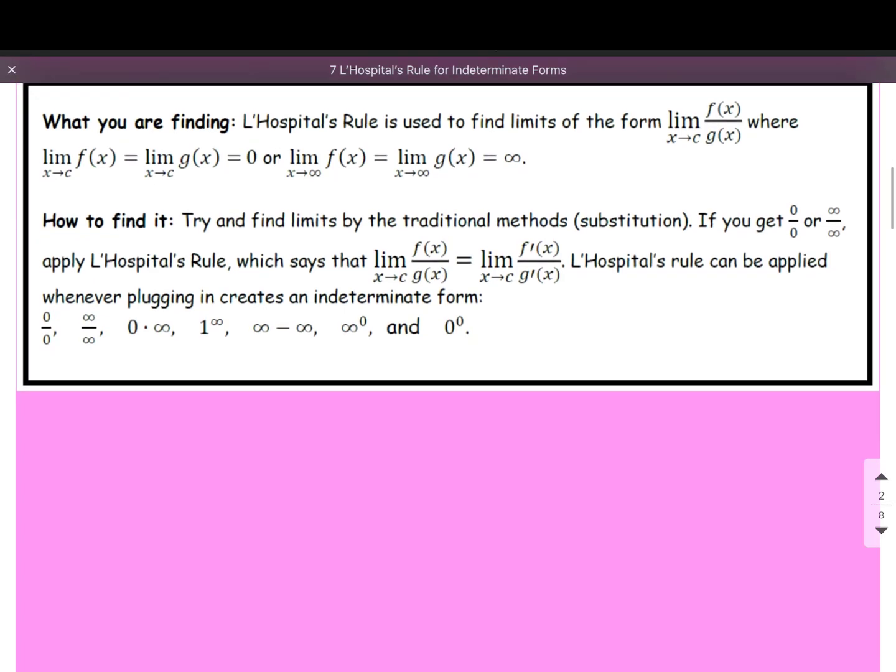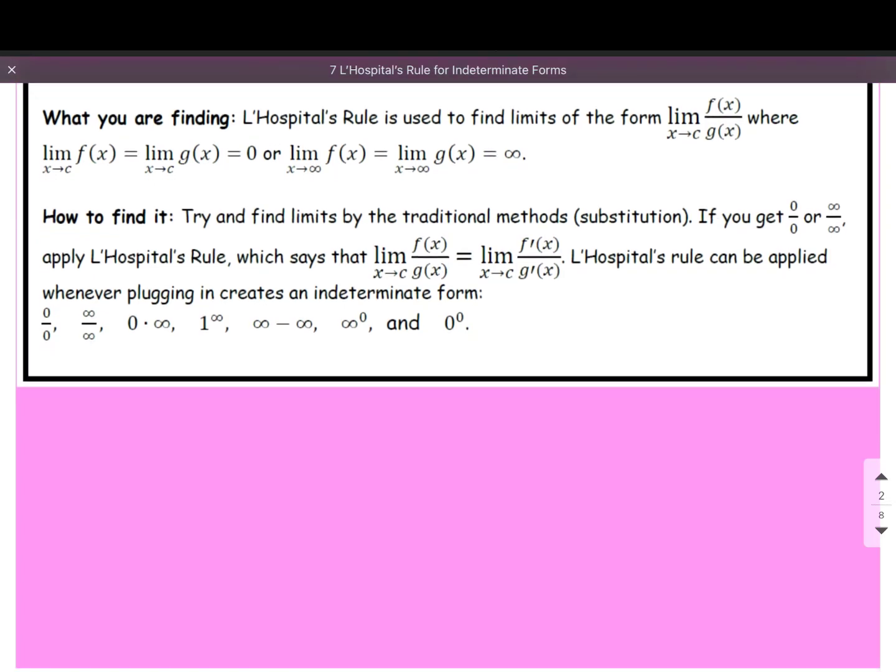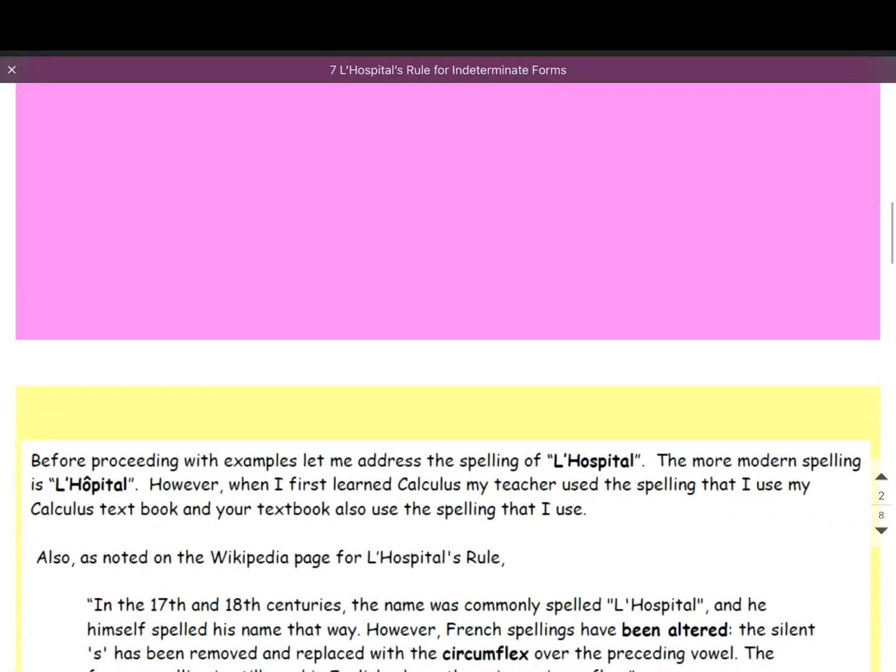We try to find the limits by traditional methods, substitution. When we do the substitution, if we get 0 over 0 or we get infinity over infinity, we're going to apply L'Hopital's rule, and we're going to take the derivative of the top, and we're going to take the derivative of the bottom, and take the limit of that quotient. Okay? Remember, we are focusing on these two forms, 0 over 0 and infinity over infinity.